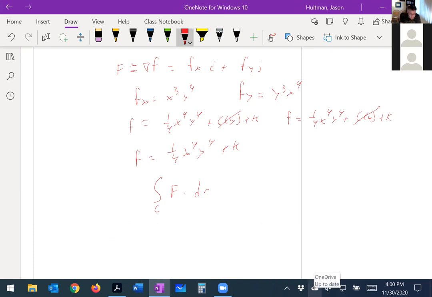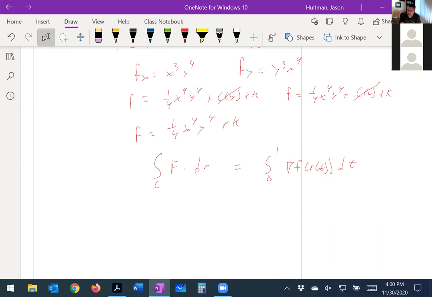This is equal to the integral from 0 to 1 of the gradient of little f of r of t dt, which, according to the fundamental theorem of line integrals, is going to be f of r of 1 minus f of r of 0.